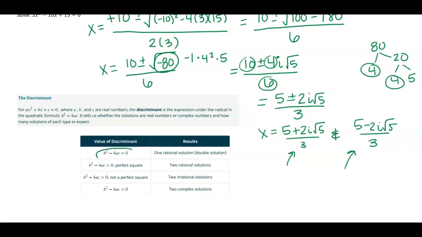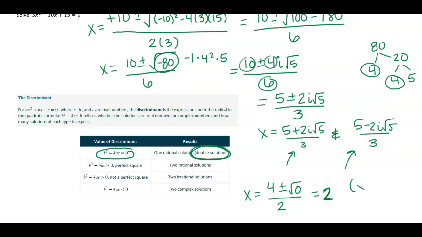If the inside piece ends up being 0, for example, if you end up getting 4 plus or minus the square root of 0 over 2, let's just say, then you are only going to have one solution, and that's going to have a multiplicity of 2, meaning this root happens twice.